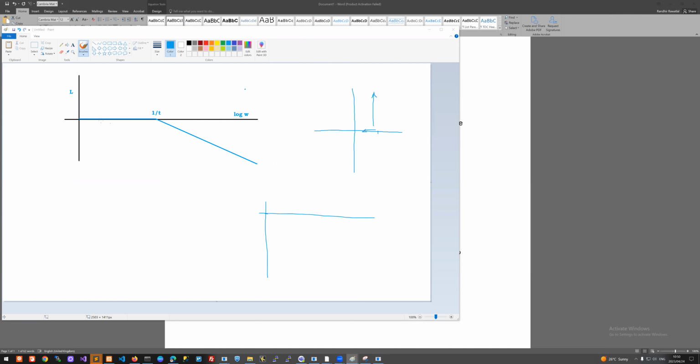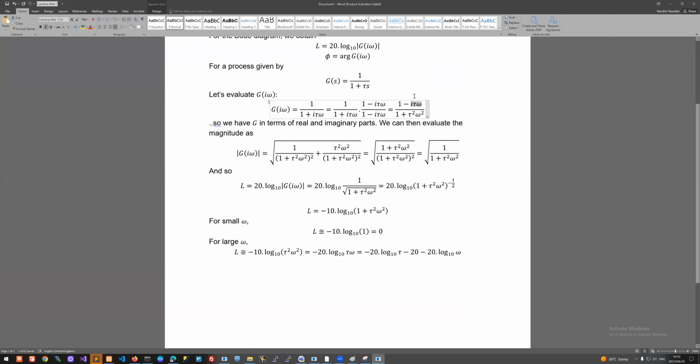So you can imagine then that for omega equals 0, we only have a real part. So the angle is 0, right? Initially you are sitting somewhere here. If I were to plot G on the imaginary plane, if we look at the equation here, the imaginary part is 0 when omega is 0.